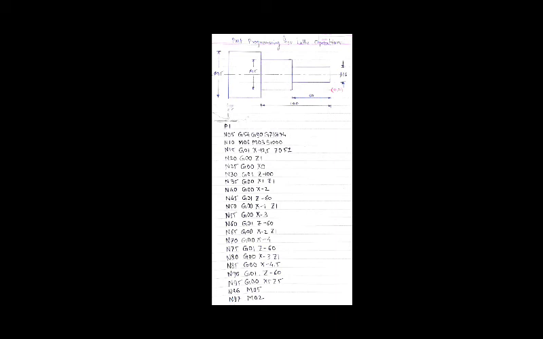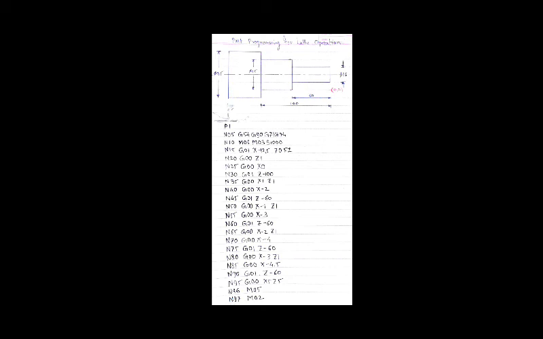So now we are going to see the codes which we have used in this programming. P is for program identification number, N is for sequence number, G54 is for coordinate offset, G90 for absolute positioning system, G71 for stock removal in turning, G94 is for feed per minute. Okay, and after that M03 is for spindle clockwise rotation, having a speed of 1000 rpm.